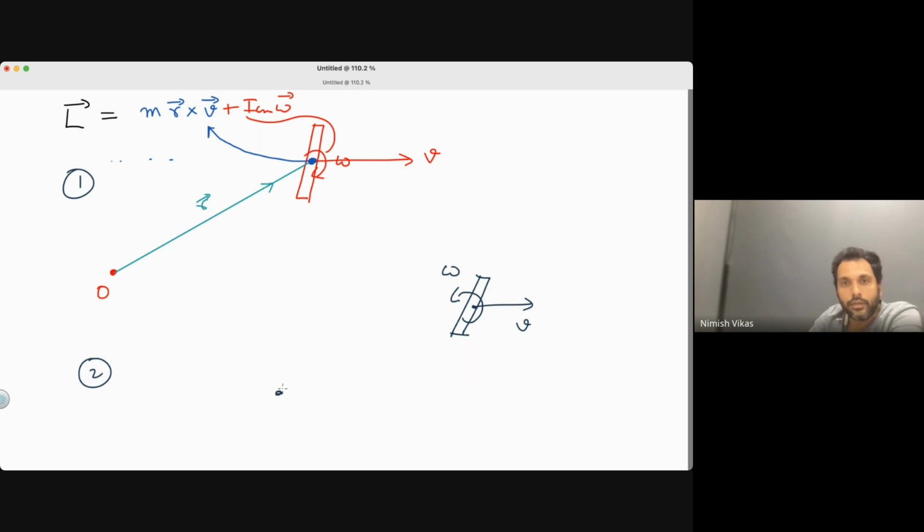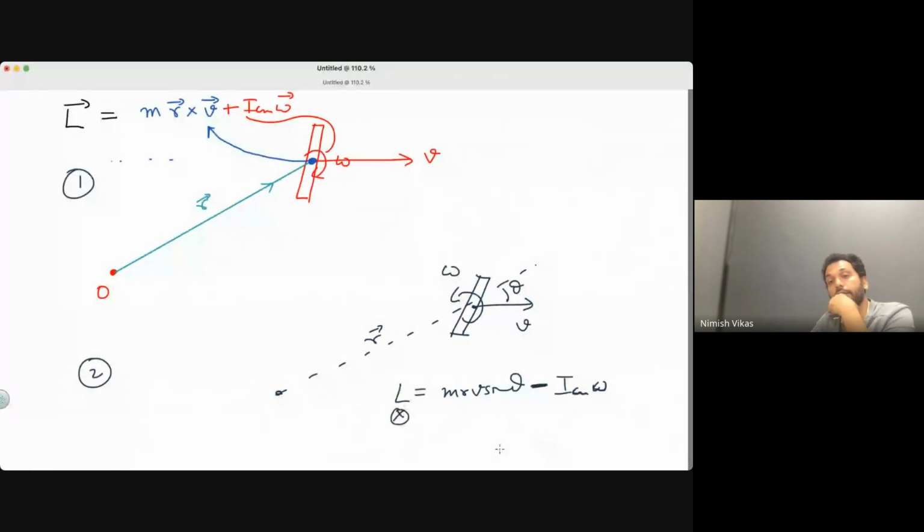Then if I consider inside the board as positive, then L will be m R V sine theta, where theta is this angle, minus ICM omega. Do you understand this, guys? You have to be at least careful of minus or plus. Is that clear? If not, I'll repeat it. Yes. Okay, doubt, ask me.